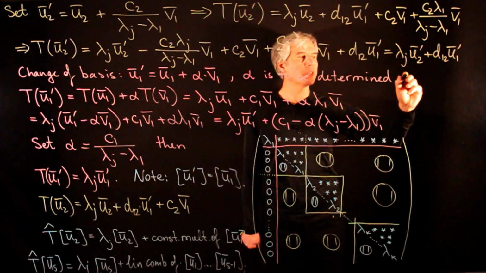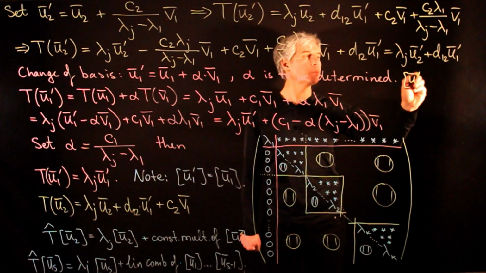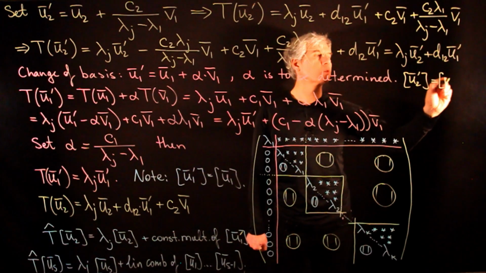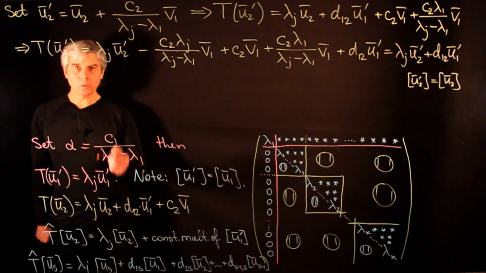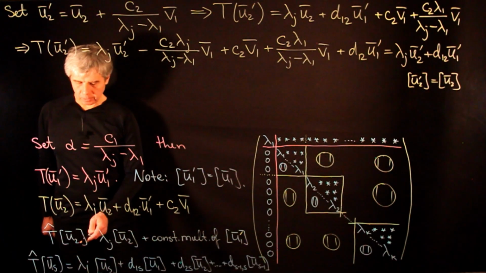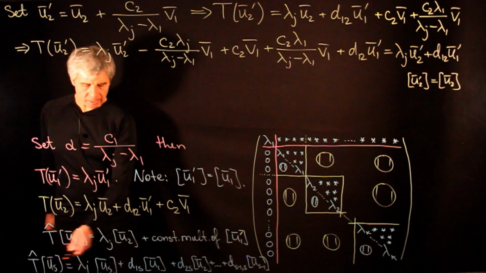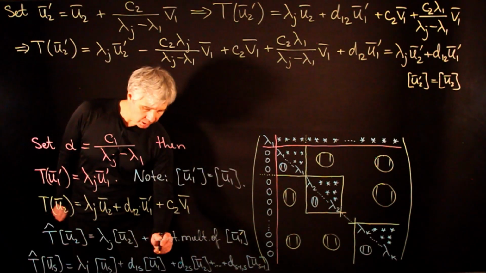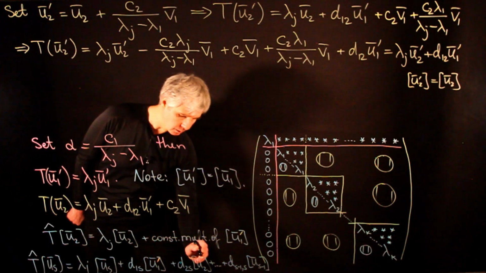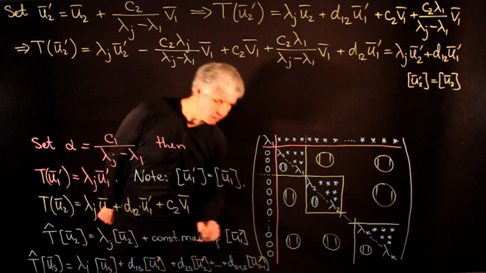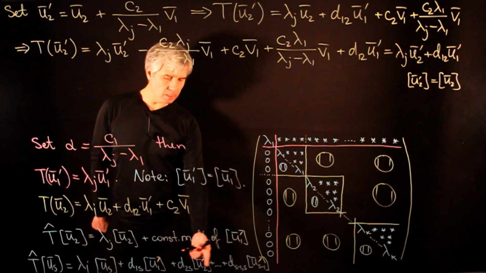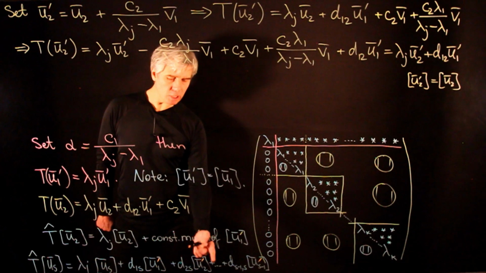And again, we point out that the class of u2 prime is the same as the class of u2. So if we proceed in this fashion, we see that when we come to the last equation, we can put primes on the vectors in this linear combination because these classes are not changed.